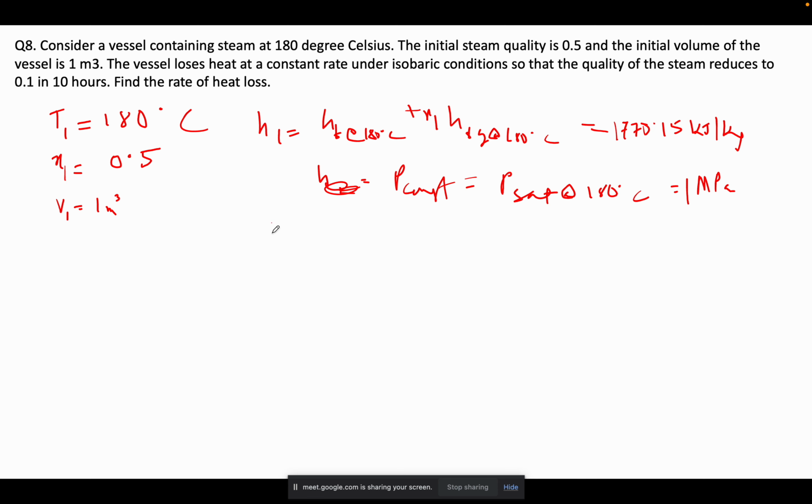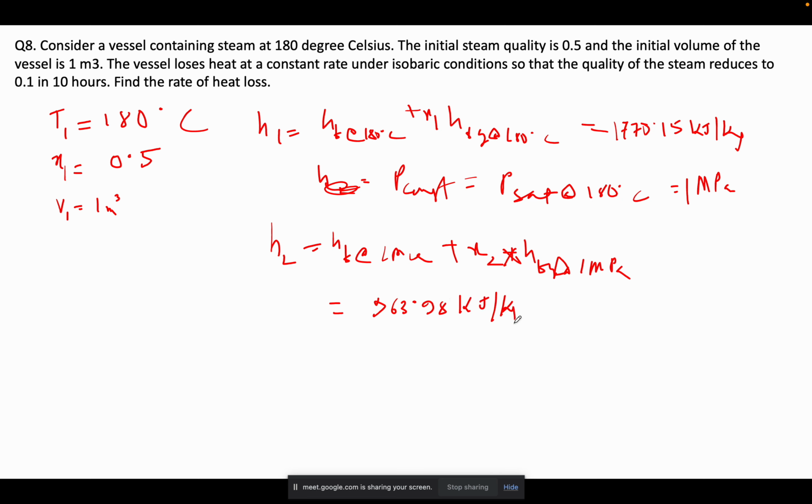Then at h2 our steam quality we know is 0.1, so that is equal to hf at 1 megapascal plus x2 times hfg at 1 megapascal. Putting this, you will get 963.98 kilojoule per kg.